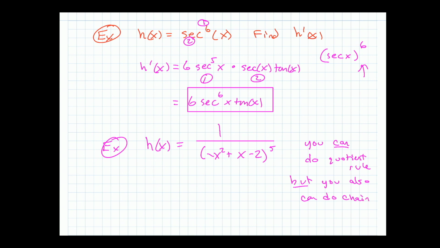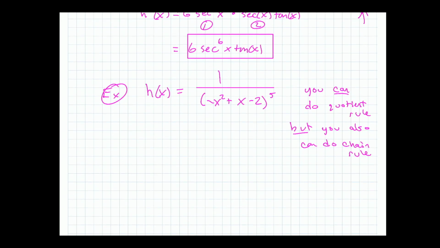So we're going to do it with chain rule instead of quotient rule. What I'm going to do is, before we start, so this is just rearranging. We're not doing a derivative yet. We're just rearranging. So remember, when you have something to a power in the denominator, that's actually just a negative exponent. So this is really negative x squared plus x minus 2 to the negative 5 power, right?